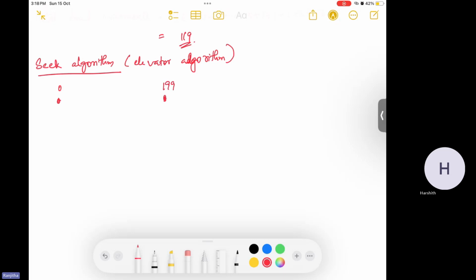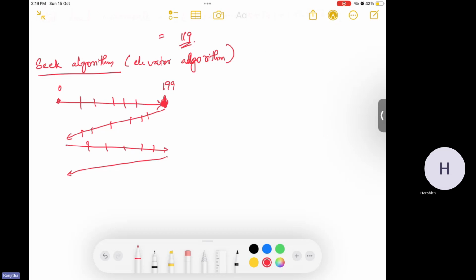The disk will move from start, 0 to 199, and during that movement, it will serve all the requests which are there on the way. Then from 199, it will move back to 0. Again, while returning back, if it finds any request, it will be served in the order. Then again, it will go to 199. On the way, the requests will be served and it will come back to 0.